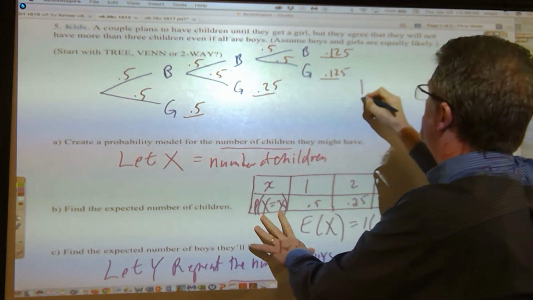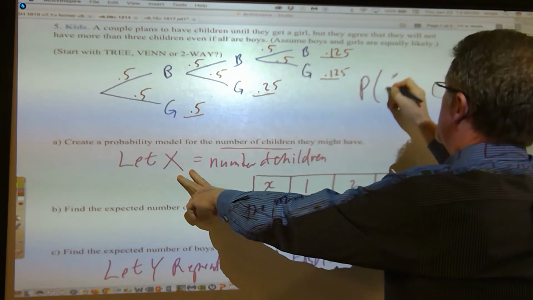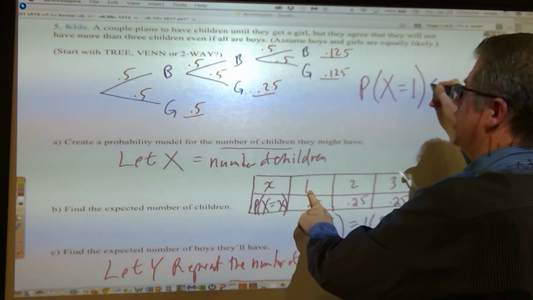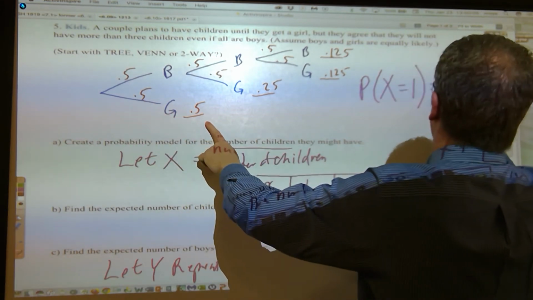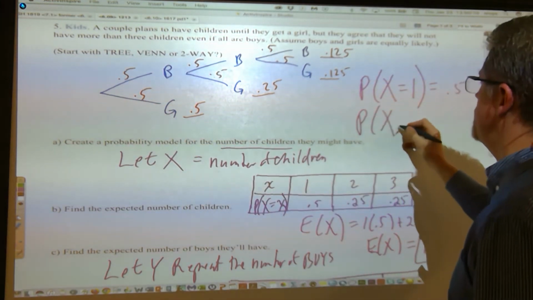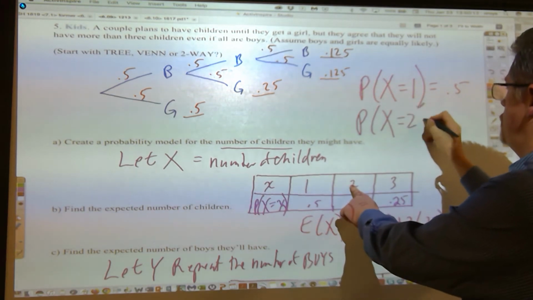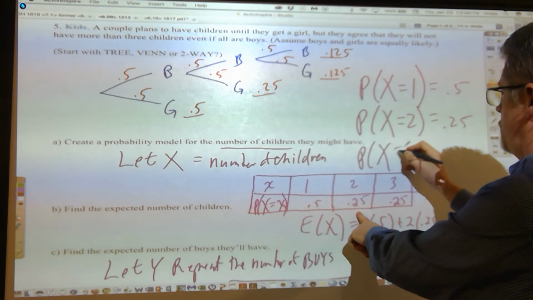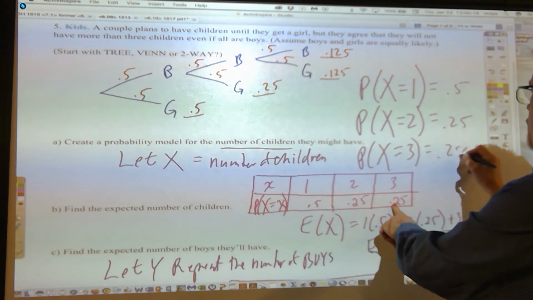The probability that the number of children equals 1 is 0.5, right? And the probability that the random variable is 2 is 0.25. The probability that the random variable takes on the value of 3 is 0.2. So it's just a probability thing.